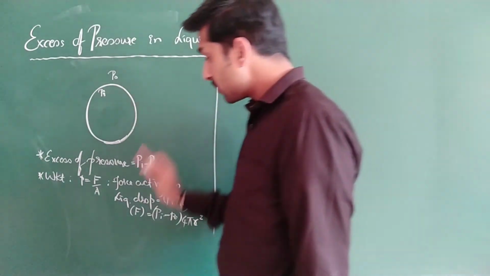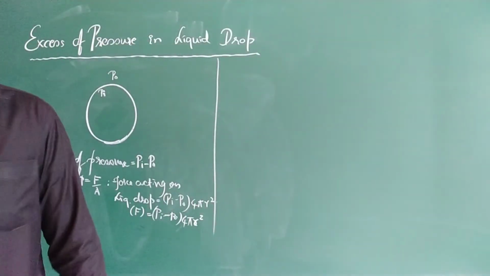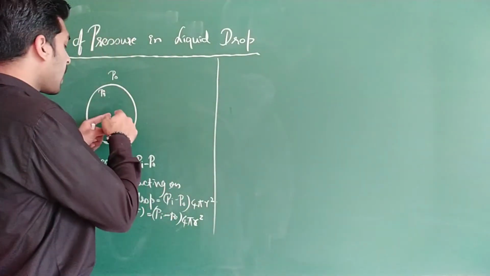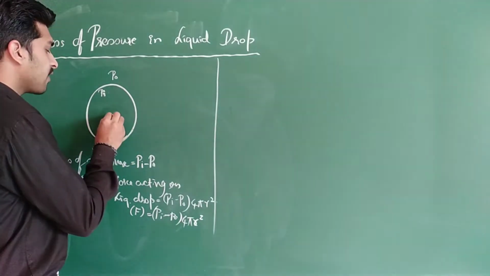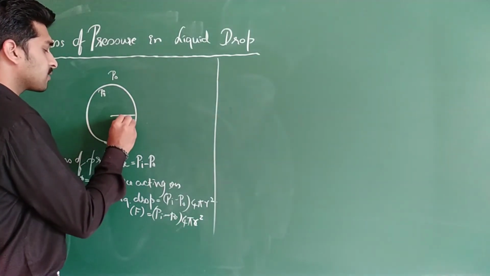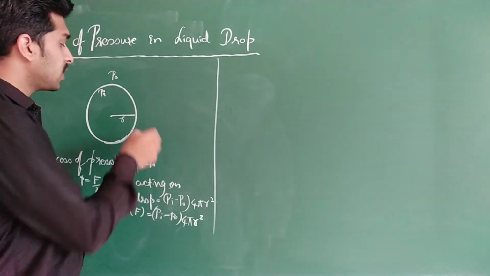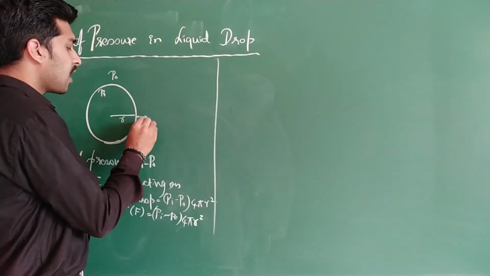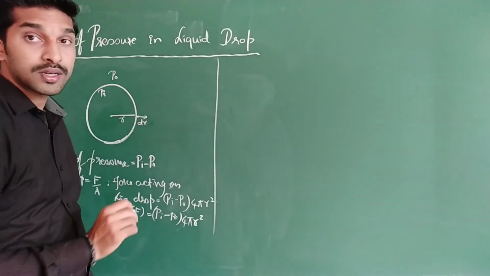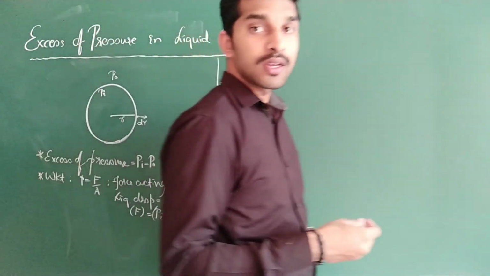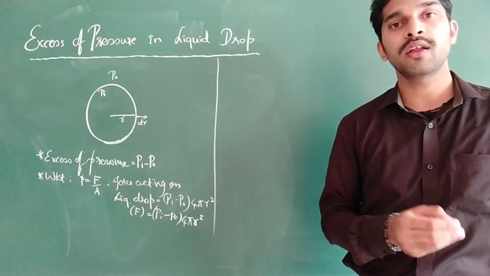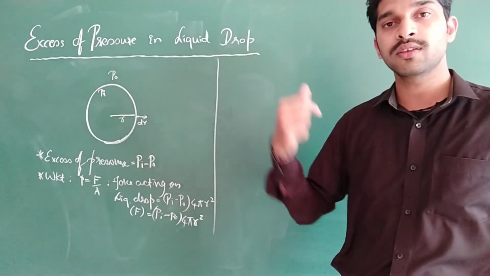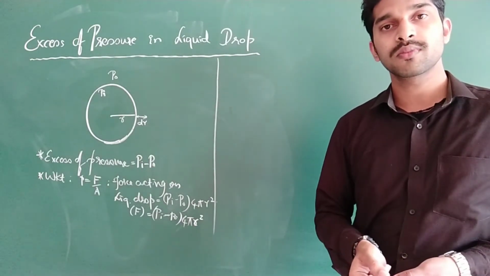So this r value, initially r, is going to increase to a next value, a small value, so the final value will be r plus dr. But to increase that, some work has to be done, correct? If some work is done, then only it will get displaced.